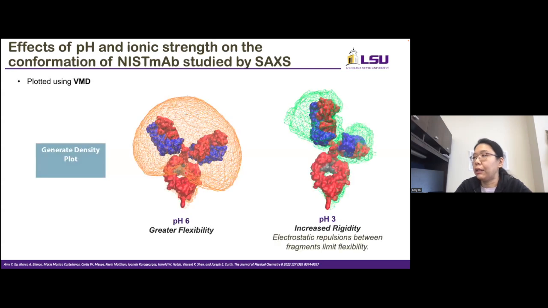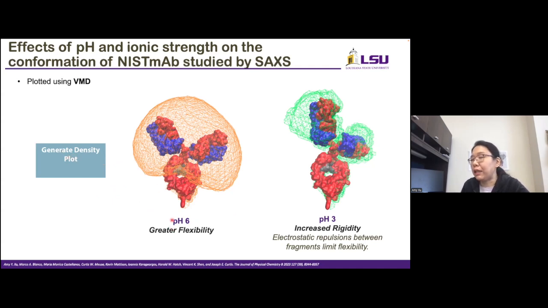After you have compared all these 65,000 scattering profiles with the experimental data, you should have a list of the antibody configurations that show good agreement with the experimental data. And then that's where we start to generate the density plot.